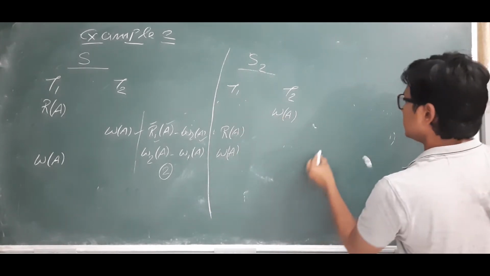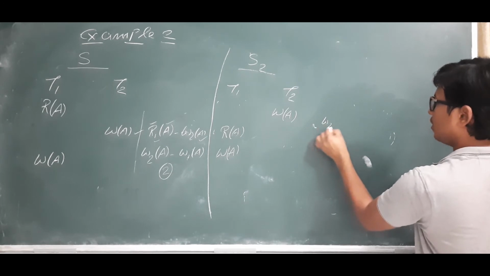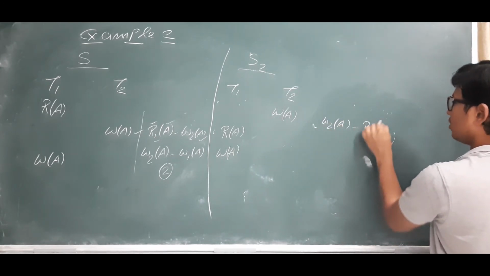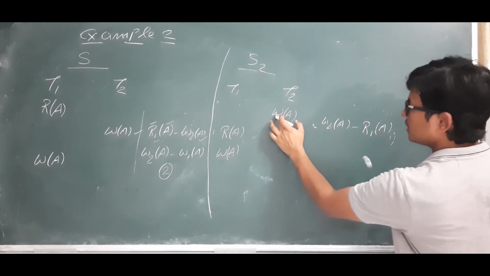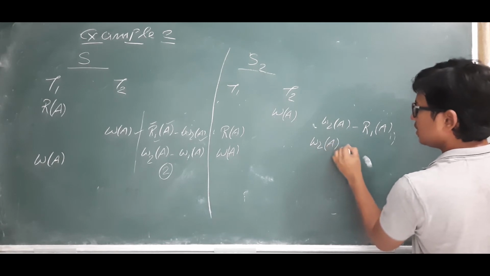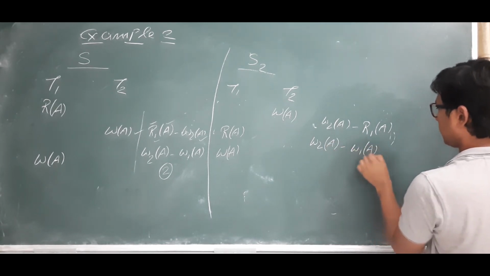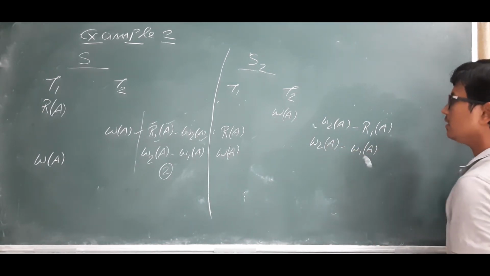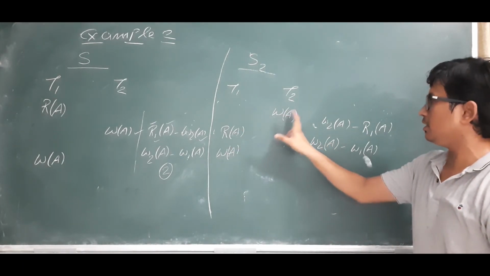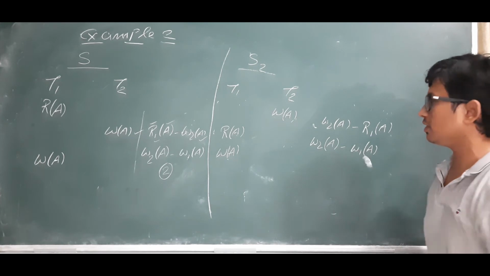First, W2 of A has a conflict with R1 of A. Then the second one is W2 of A to W1 of A. Is it clear? W2 of A, R1 of A, W2 of A to W1 of A.